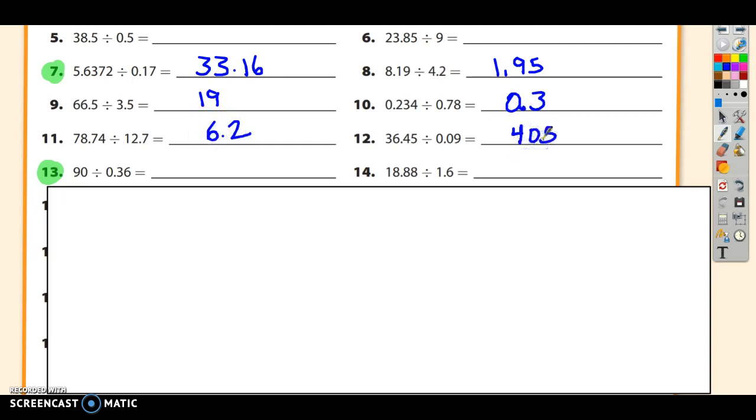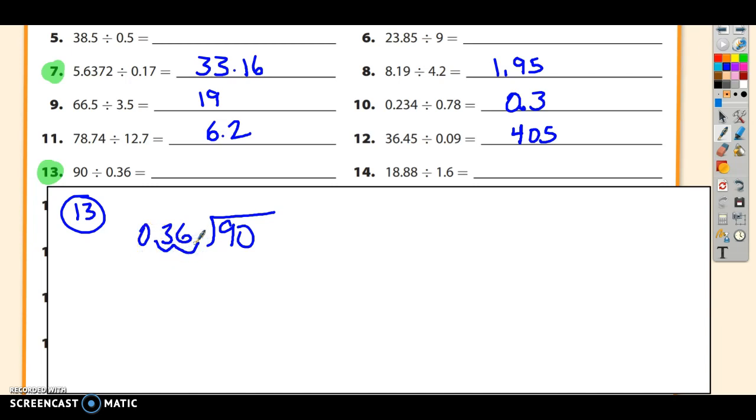Number 13, I want to model for you. So the difference with 13 and some of these other ones is you need to divide a whole number, 90, by a decimal, 0 and 3600ths. And so if you think back to what we said about what you have to do to the divisor, you got to move the decimal 2 places to the right.